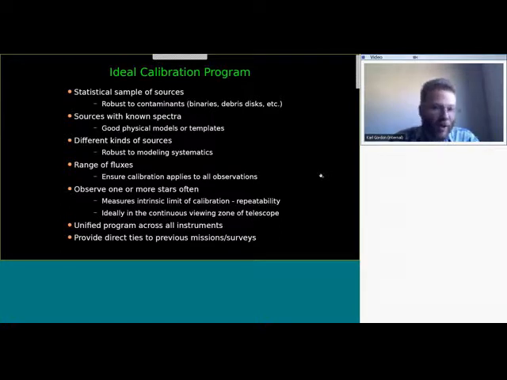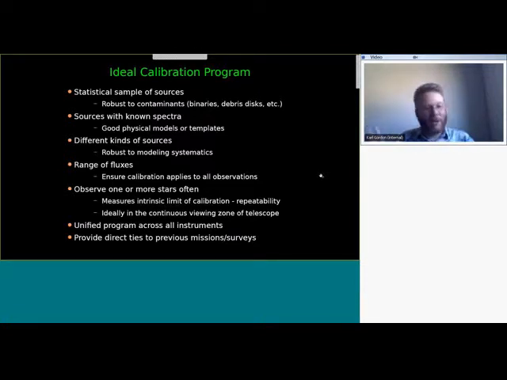We'd like to have at least one or more stars observed often. This is the measurement of repeatability, so you can measure the intrinsic limit of the calibration, limited by something about the telescope detector combination. There will be a fundamental limit to the signal to noise we can achieve. We'd really like a unified program across all instruments. This has been done on Hubble. It really wasn't done on Spitzer.